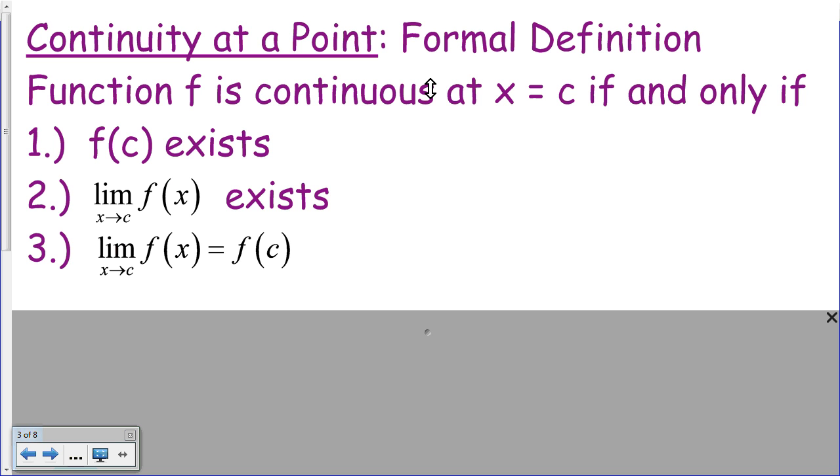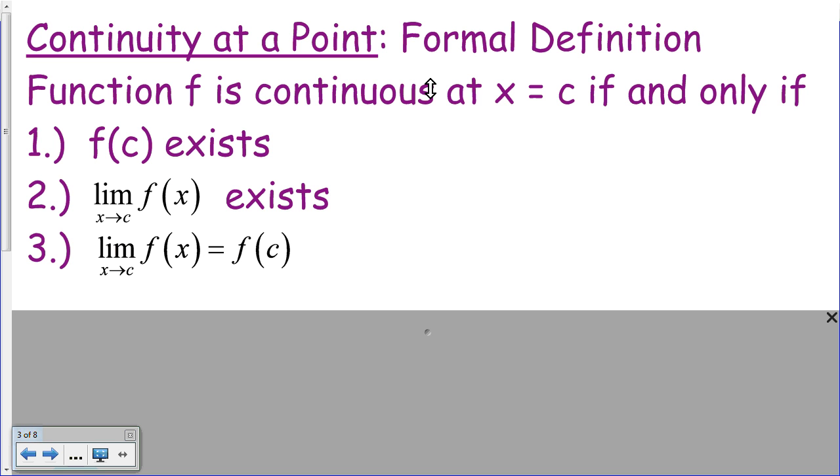So we failed that part of it. The second part of the definition is that the limit as x goes to c of f of x exists. And again, you saw some examples on the previous slide of functions where that was not the case. In particular, it was the step discontinuity, the third graph, and that infinite discontinuity, the fourth graph. Both of those had problems with the limit there.